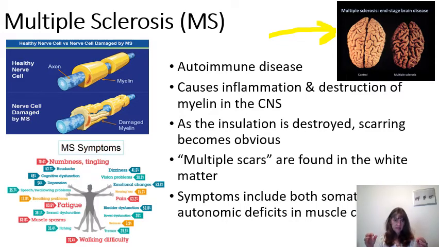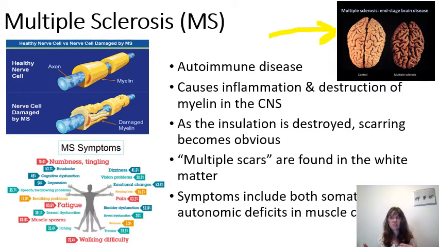They'll experience numbness and tingling in their extremities and become very tired. They may experience pain, muscle spasms, dizziness, headaches. They might have problems speaking or swallowing. They may become incontinent. So there are a lot of different symptoms that present with multiple sclerosis.